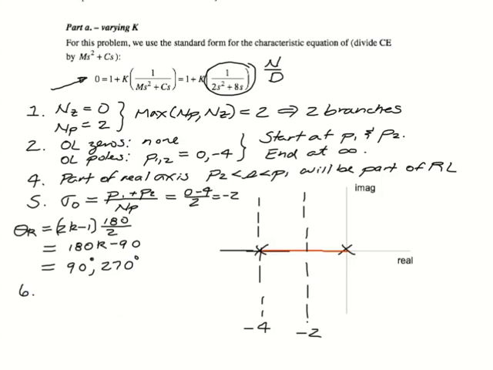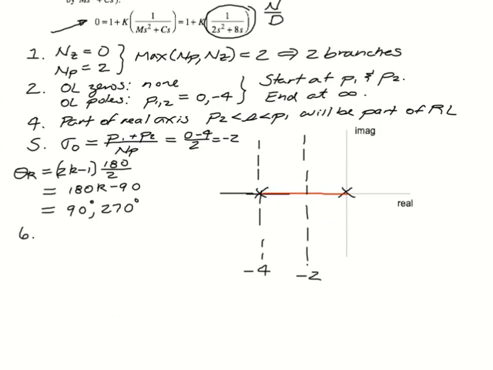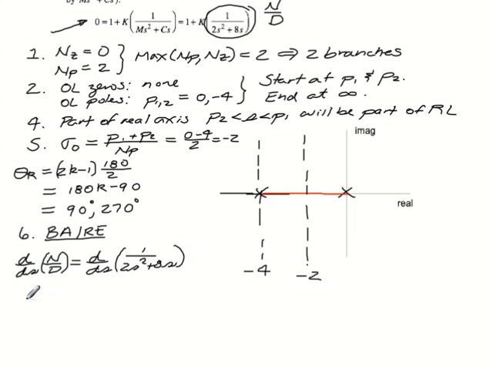Okay, now we need to find our breakaway and re-entry points. We find this by looking at the derivative of n over d, or open loop transfer function. So that is, for this case, d/ds of 1 over 2s squared plus 8s. And we recall how to differentiate a quotient.